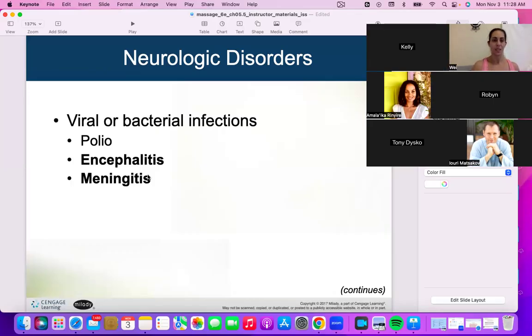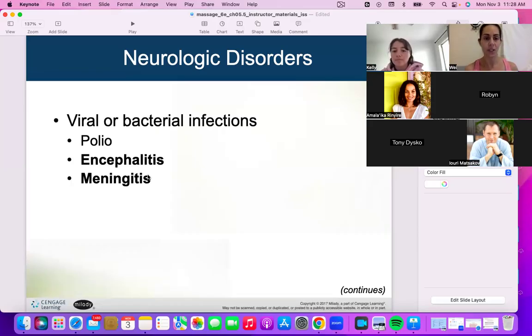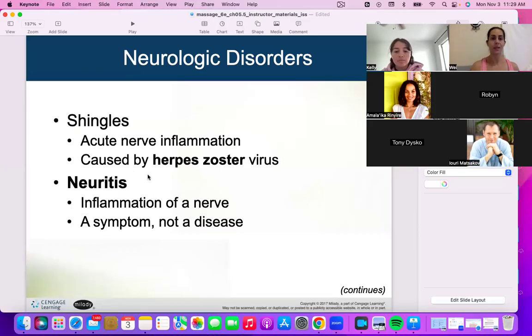Okay, now the viral or bacterial infections we talked about, and now we have neurological disorders like shingles. It's also an inflammation. It's an acute nerve inflammation caused by the herpes zoster virus. It's in the family of herpes, but this one is different. It's not like chickenpox, but an acute inflammation.